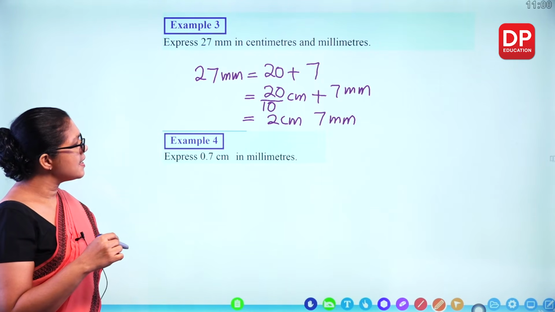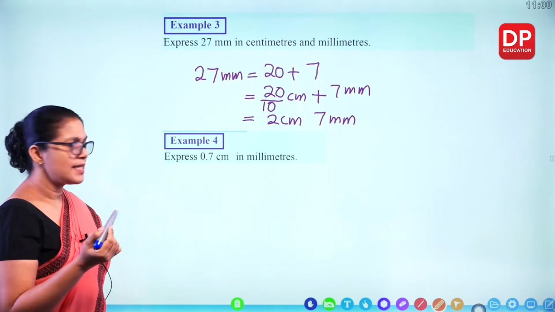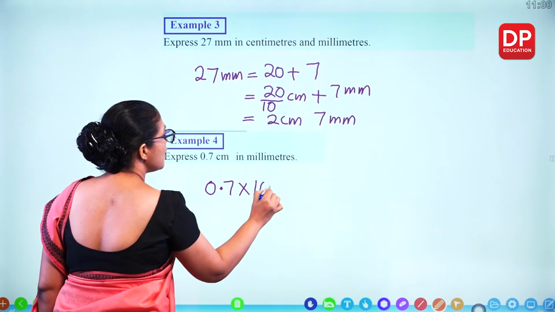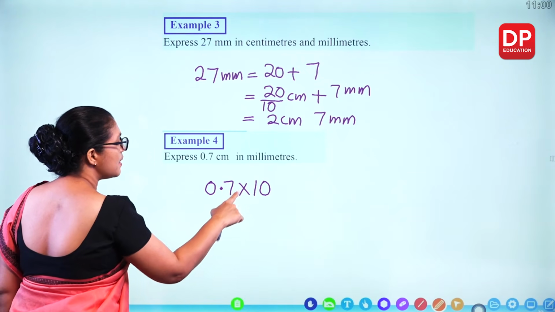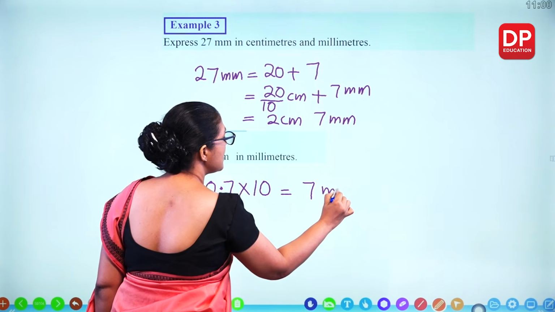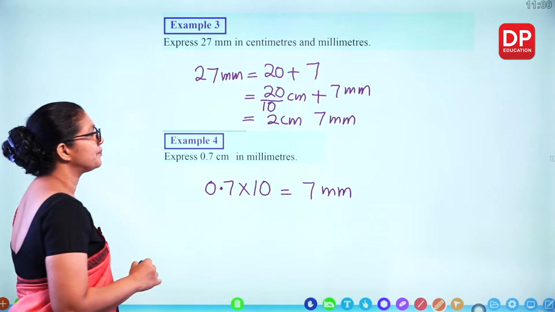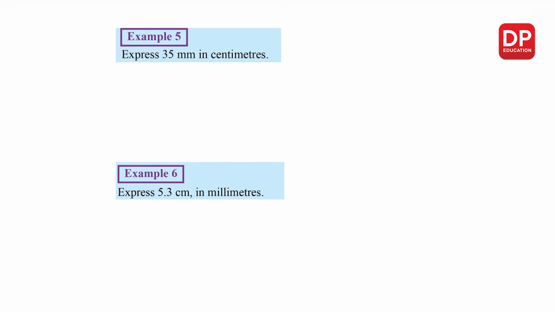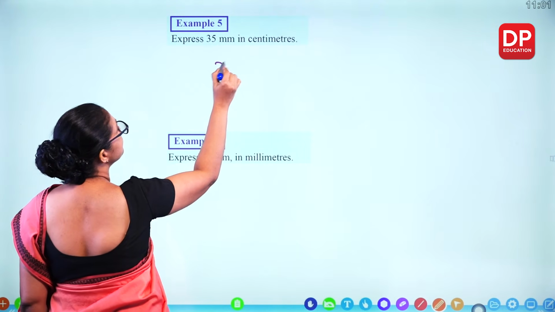Express 0.7 centimeters in millimeters. You can multiply by 10. When you are multiplying, the decimal point moves one place to the right. 7 millimeters. Express 35 millimeters in centimeters. Divide by 10.